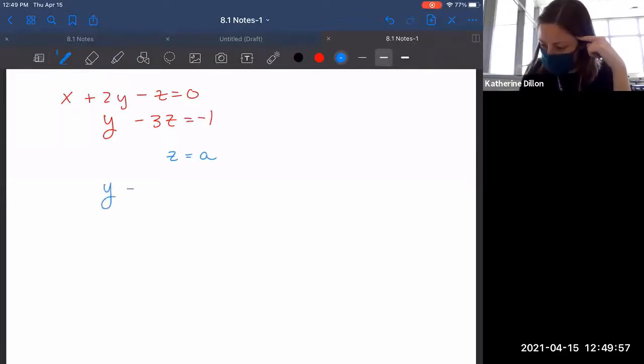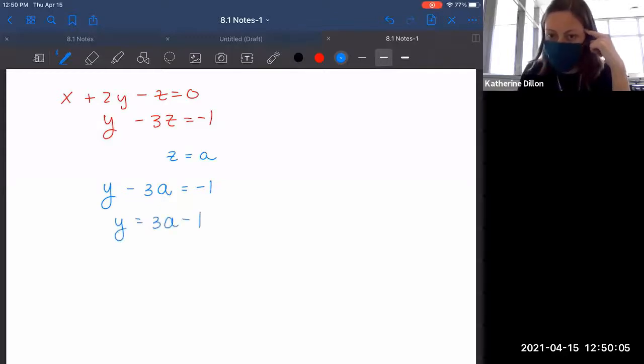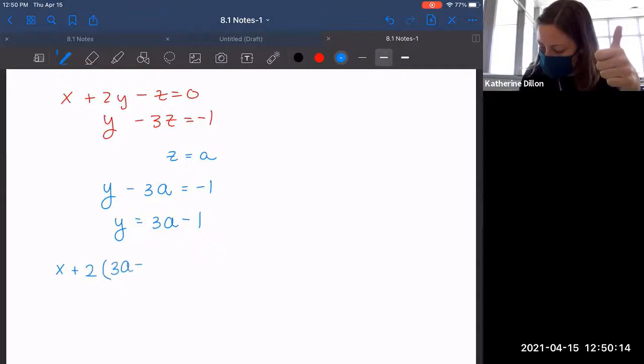So then we plug that into that second equation. I solve for y equals, and I get y equals 3a minus 1. I think you're all there at that point. Then I do x plus 2 times 3a minus 1, because I'm plugging that stuff in for y.